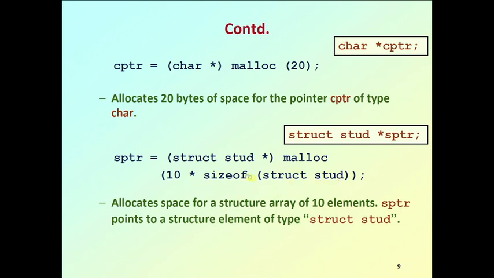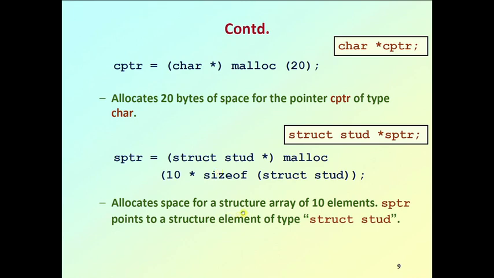We know how to compute it, but the sizeof function will also directly give you the number of bytes required for the stud type of structure. Then there are 10 such structures. So, the total memory requirement for storing these 10 structures, and then typecast the returned pointer to stud type.